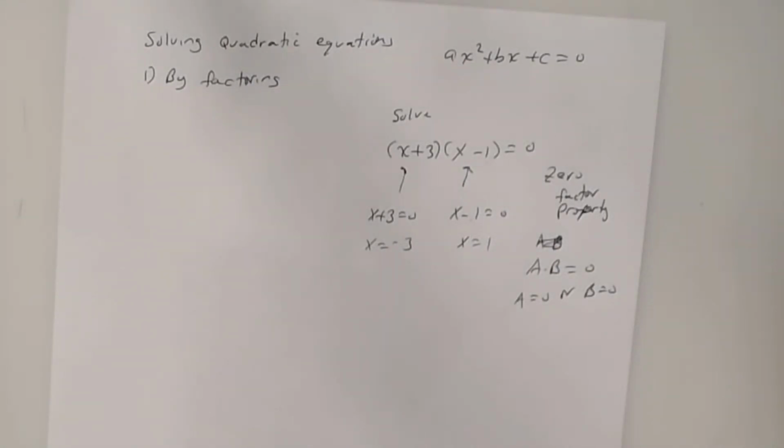So the idea of factoring is this. You got to factor to where you're going to get a bunch of factors, and you want the product to be 0. You want the other side to be 0, so you can use the zero factor property. All right, so let's look at this example.